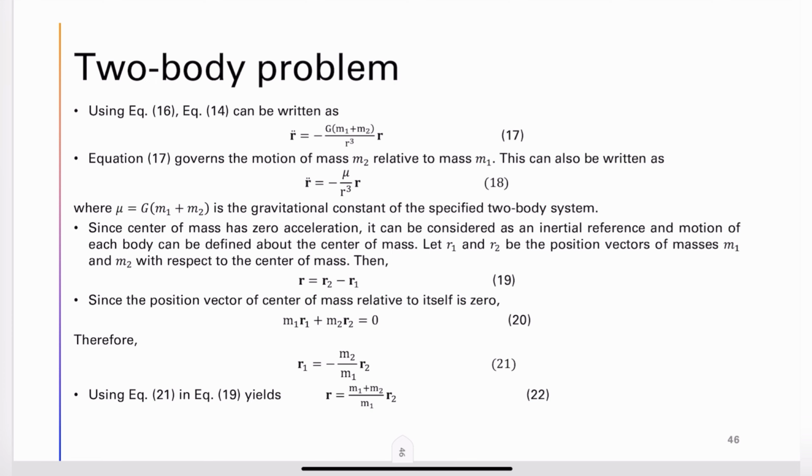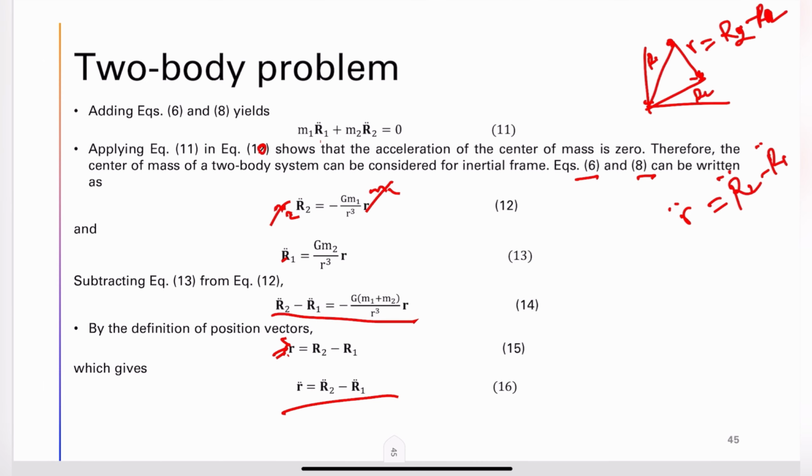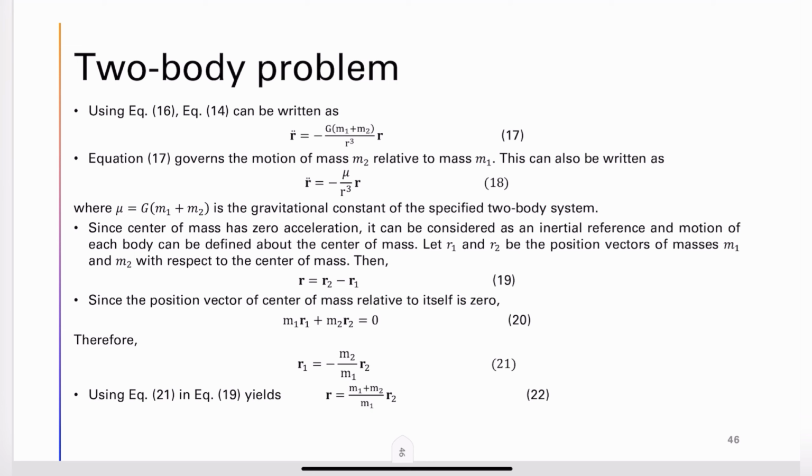Now using equations 16 and 14, I can replace this by r. So I'm getting r double dot is equal to minus G (m1 plus m2) divided by r cube into r. Now this is the acceleration of the position vector between r1 and r2.